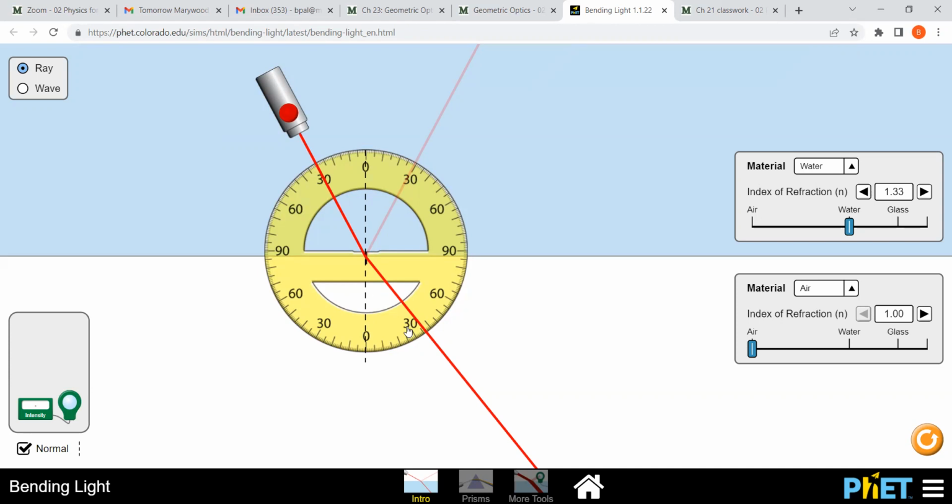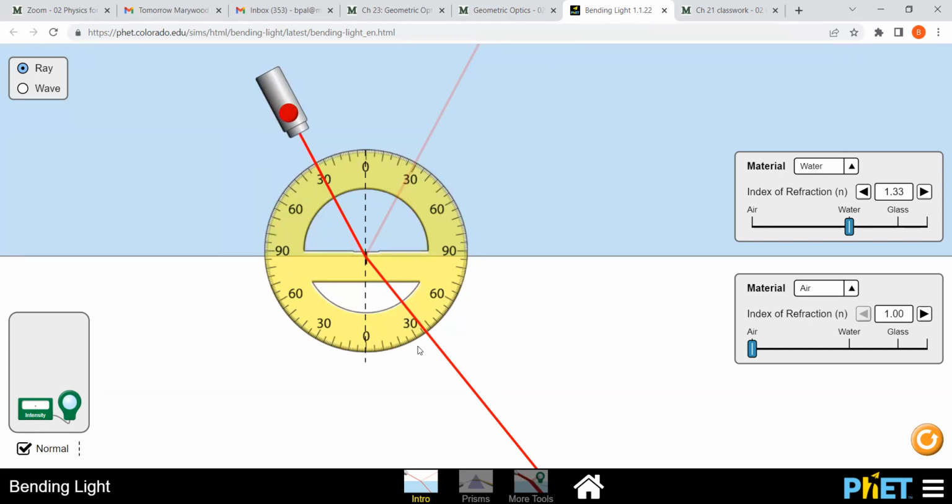the law is n1 sine theta 1 equals n2 sine theta 2. So this is theta 1, this is theta 2. In this case it should not be 30. Here it looks like 35, so it follows this rule.